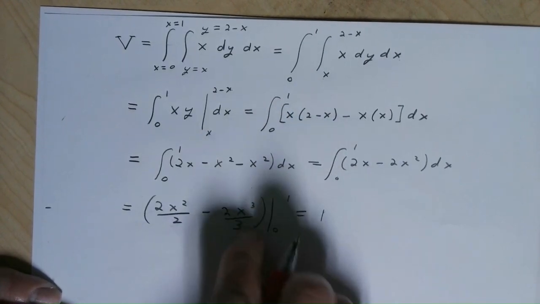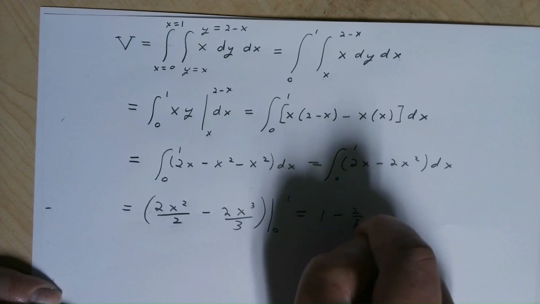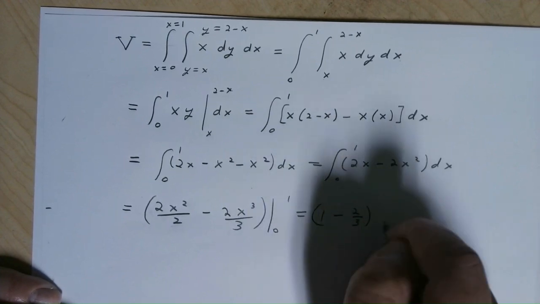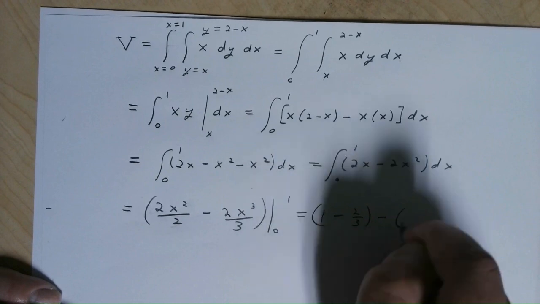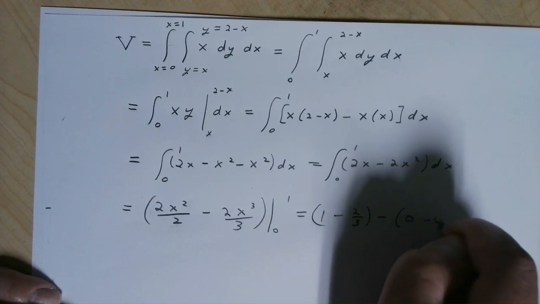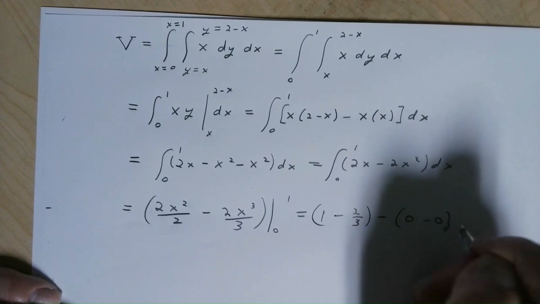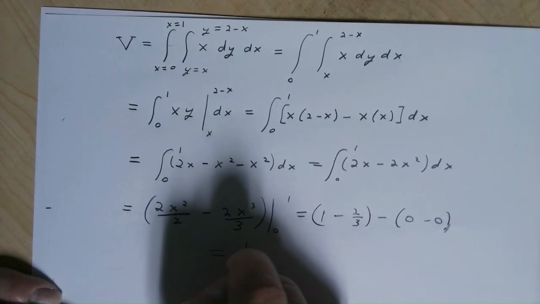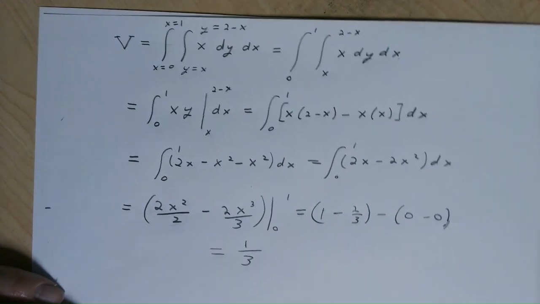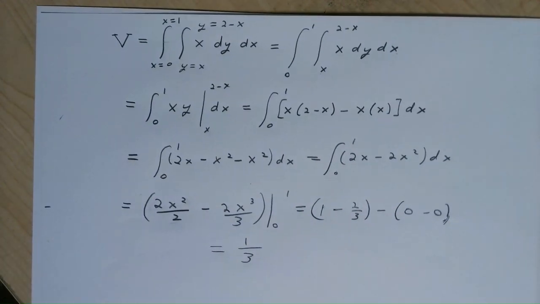That'd be 1 minus 2/3, and the upper bound is going to be that. Then the lower bound is going to be 0 minus 0. So it looks like the answer here is going to be simply 1/3, like that. So that's integrating with respect to y first, and then with respect to x.